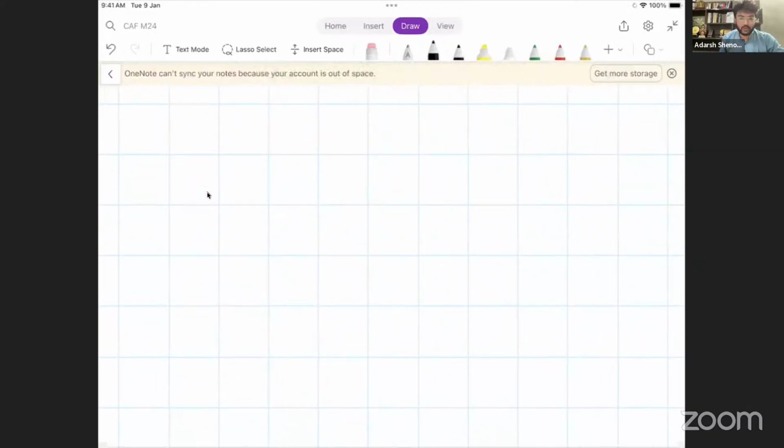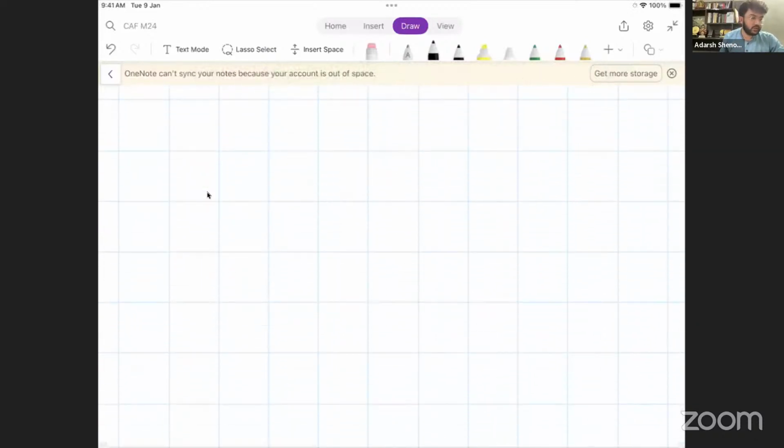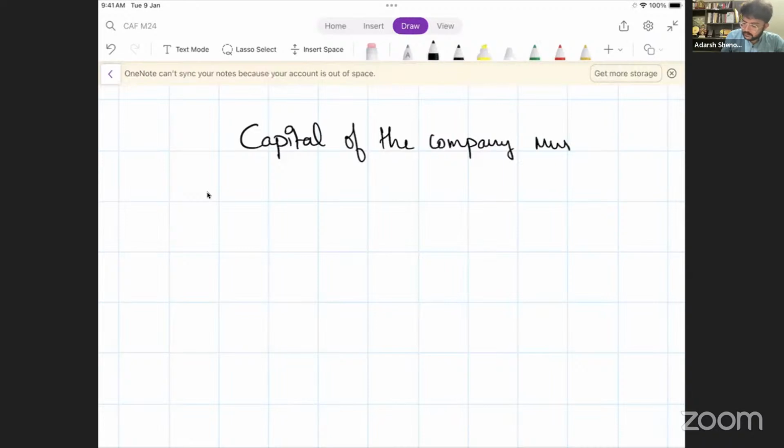Now, what does Section 55 say? Section 55 we read earlier today in the beginning. We'll read it again. But the gist of it is: the capital of the company must be intact even after redemption.